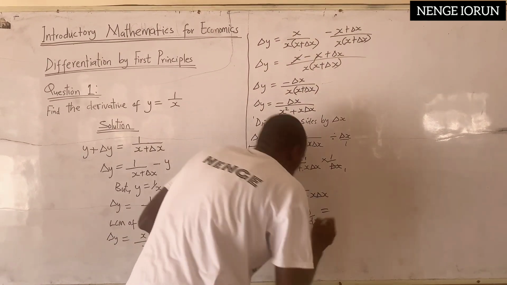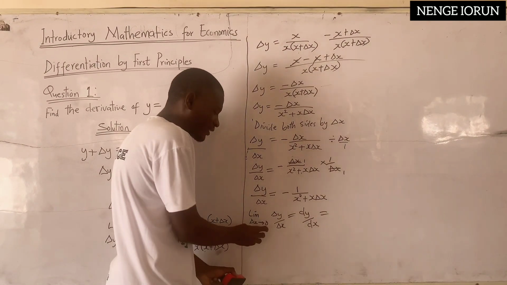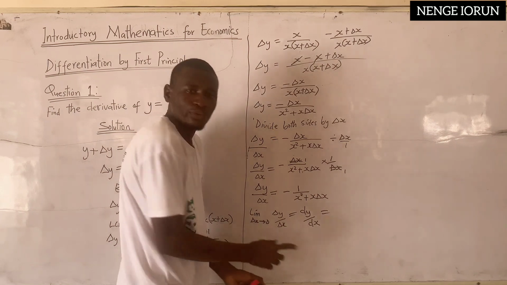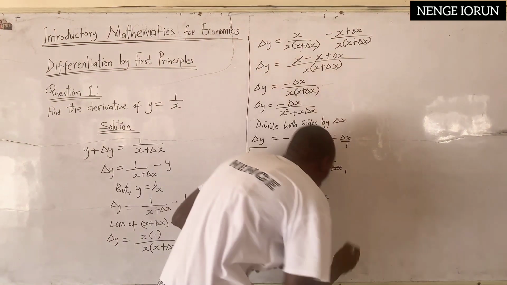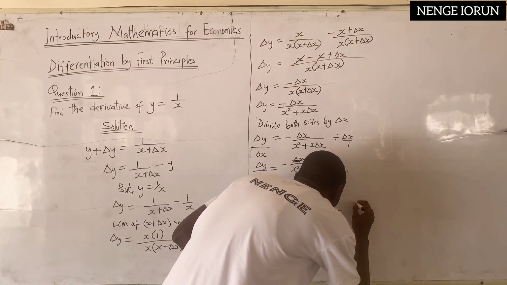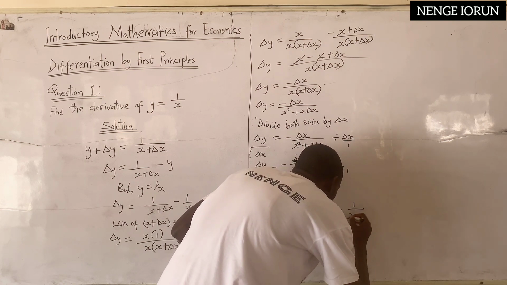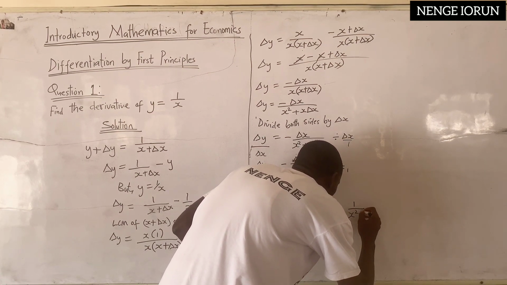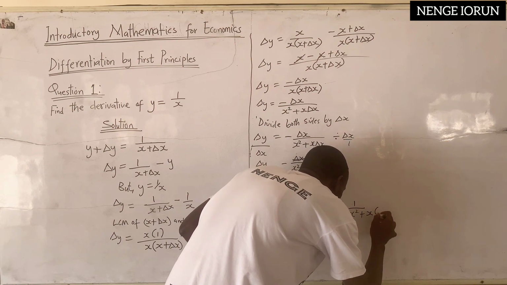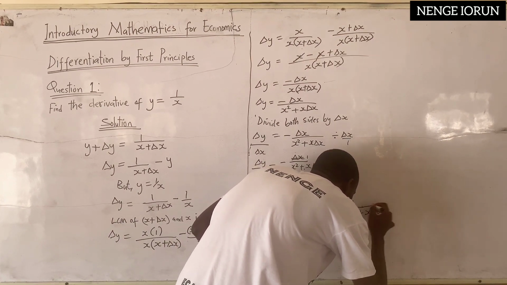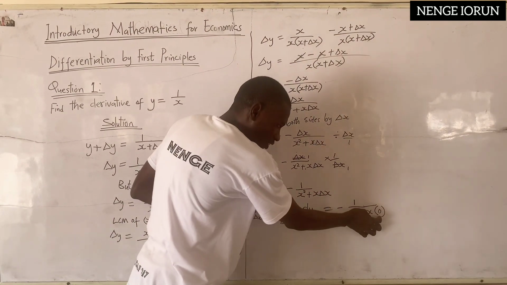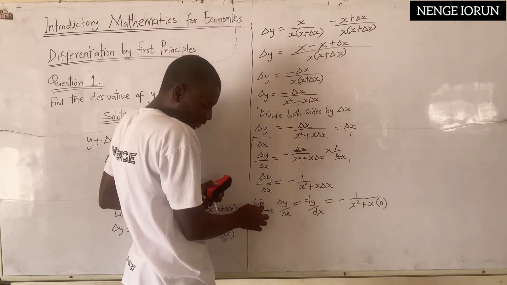which is equal to, anywhere you see delta x, you are now going to put 0. So you have minus 1 over x squared plus x into 0. This 0 is for delta x because you are taking the limit.